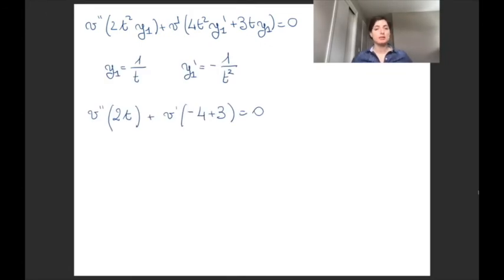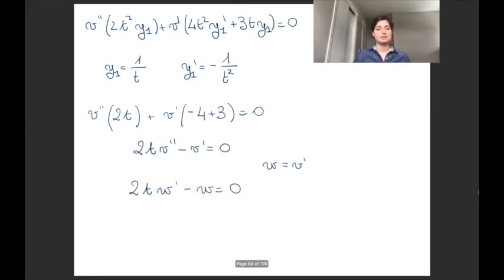We remember that we started knowing that y1 is 1 over t, and y1 prime, therefore, is minus 1 over t squared. So we plug this information into the ODE that we're given, and some things simplify out. So now we have v second multiplied by 2t plus v prime multiplied by minus 4 plus 3. This simplifies to 2t v second minus v prime equal to 0.